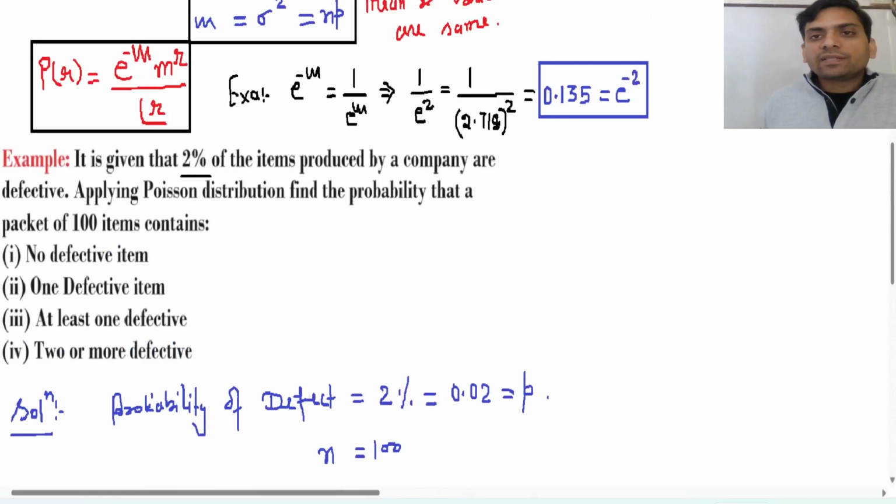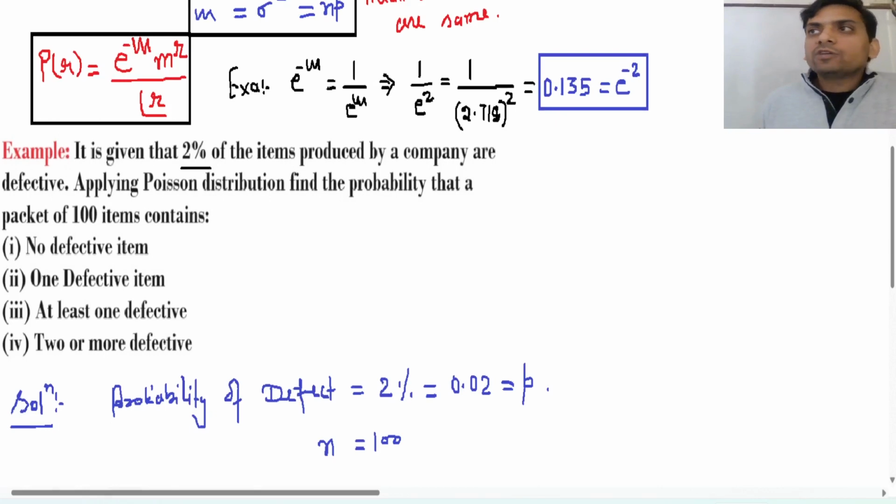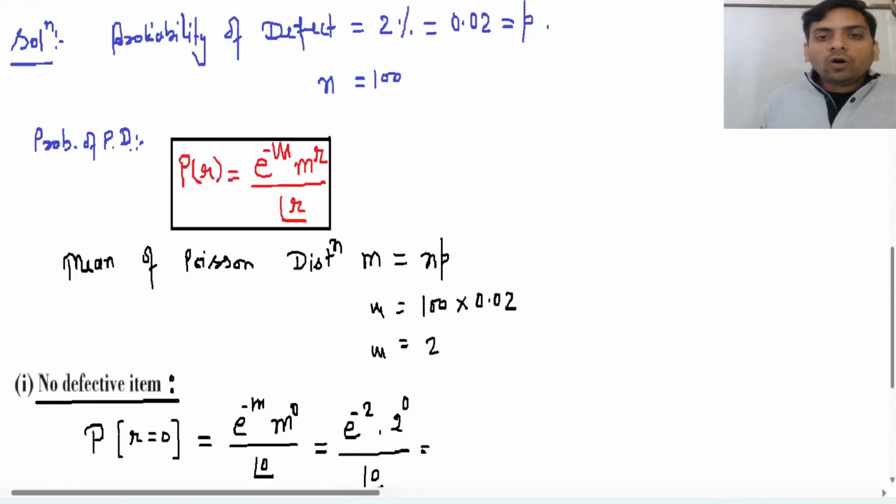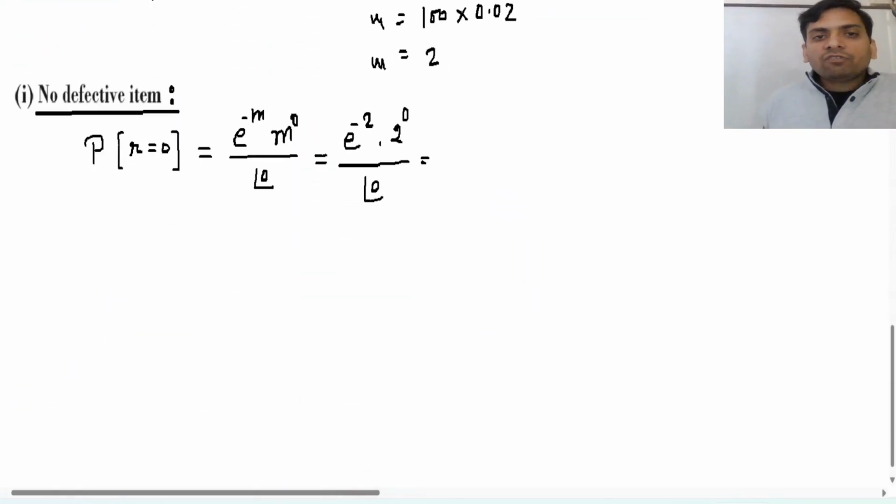Clear? For this case, we have already calculated e raised to the power minus 2, and I have already explained this. E raised to the power minus 2 is 0.135. Sometimes it may be given in the question paper, or sometimes you need to find this value by using 2.718. And this quantity multiplied by 2 raised to the power 0 means 1.